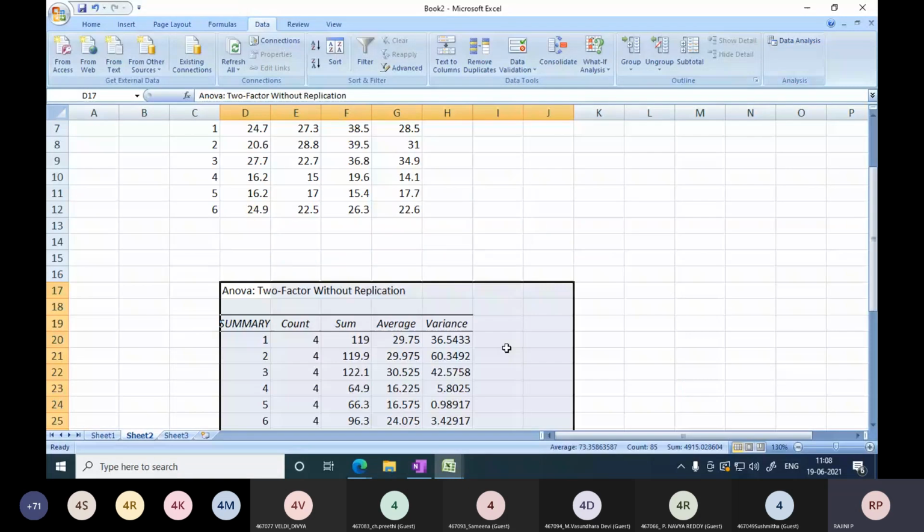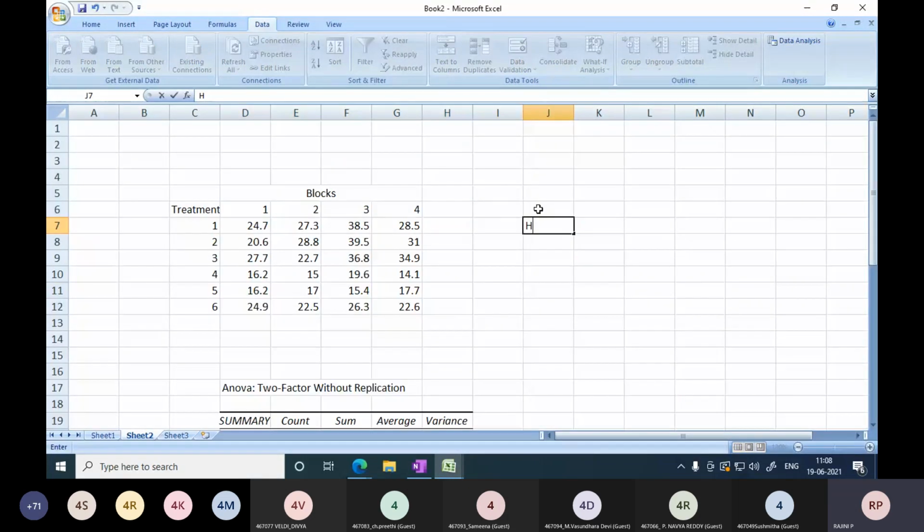Before checking the output, let me write the null hypothesis. Here, how many null hypotheses will we have? Two null hypotheses. One is for the rows and one is for the columns. Is it right? So for the rows, you are taking treatment. So what do you need to write?